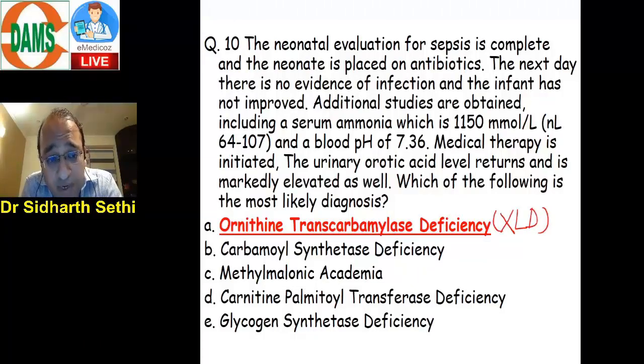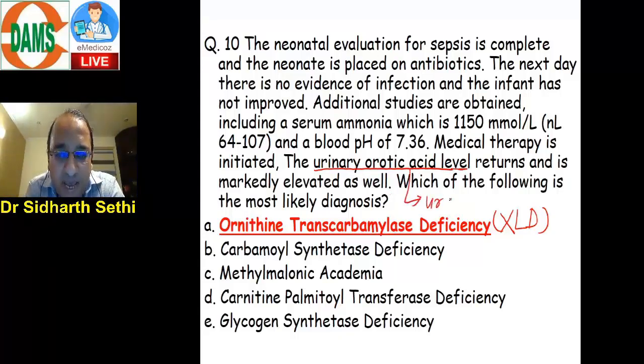It is common in boys. Remember, they have urinary orotic aciduria, which gives rise to uracil in the urine. Urine orotic acid is classic of the most common urea cycle disorder, OTC deficiency.